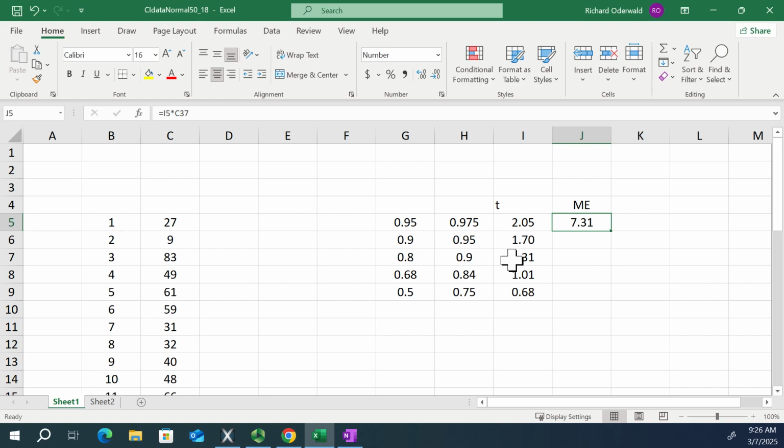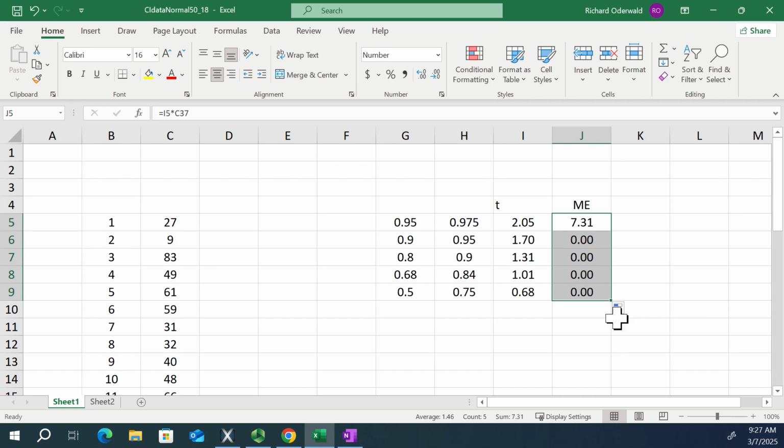The standard error is about 3.5, out 7 each way. And if I copy that down, what's going to happen? I want each of these to be t times the standard error. What did I get? 0. Is it 0 really?